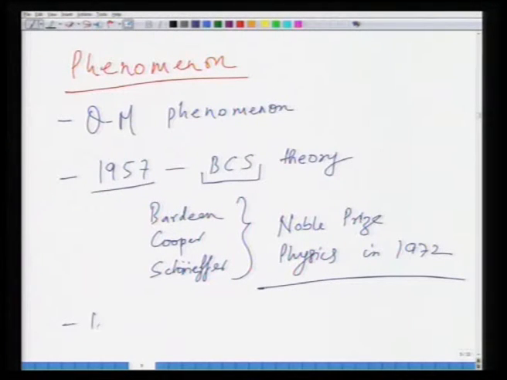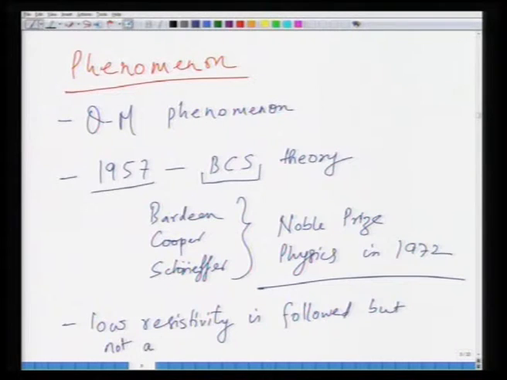So you can say low resistivity is followed, but not a mandatory condition. It's not a constraint as such, just like in ferroelectricity you have a constraint that it has to be non-centrosymmetric. It's not a constraint for a superconducting state.